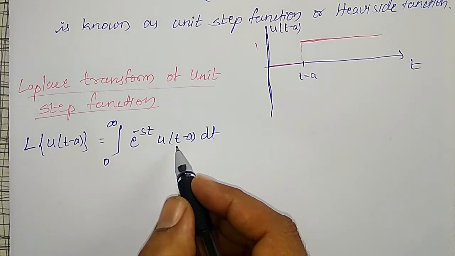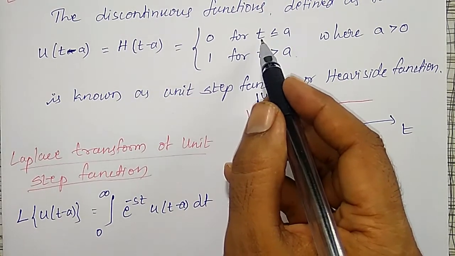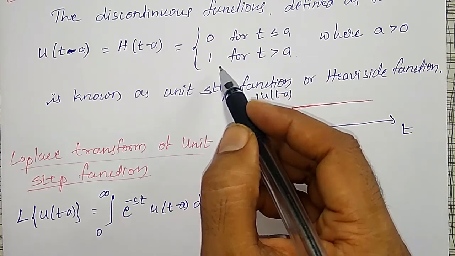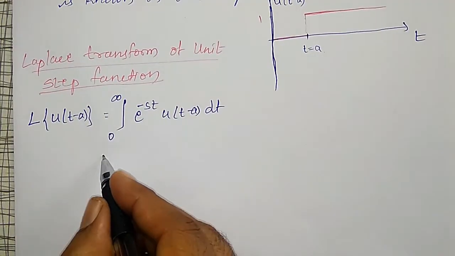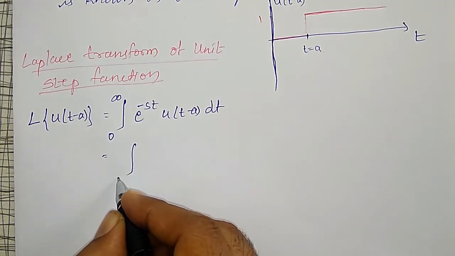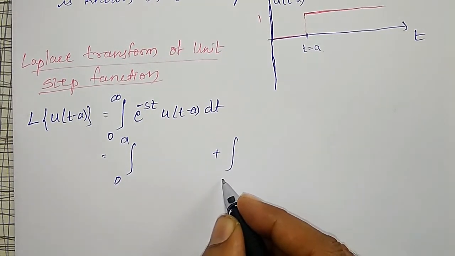But u of t minus a is a discontinuous function, defined like this: 0 for 0 to a and 1 from a to infinity. That is why I will divide this integration into two parts.